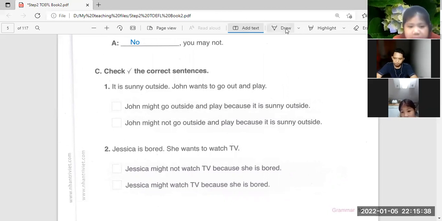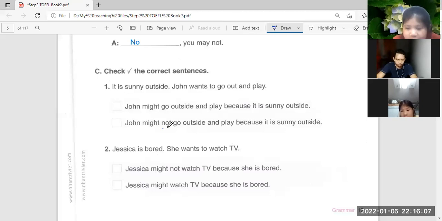I think John might go or John might not go. John might not go outside and play.